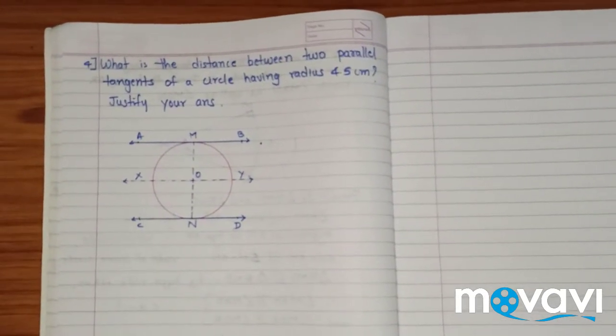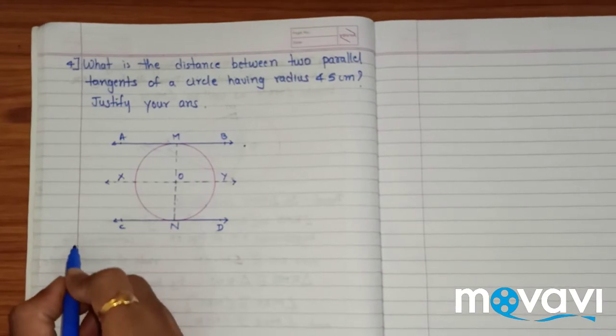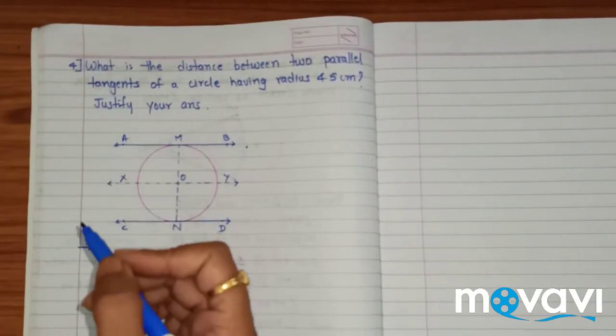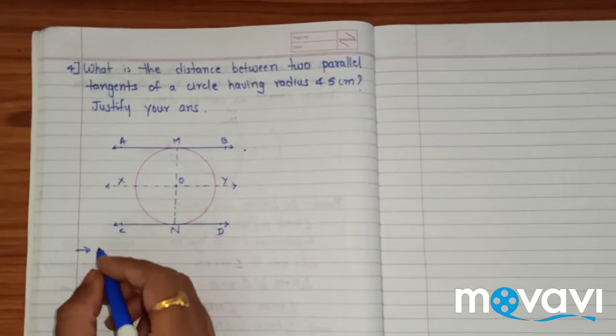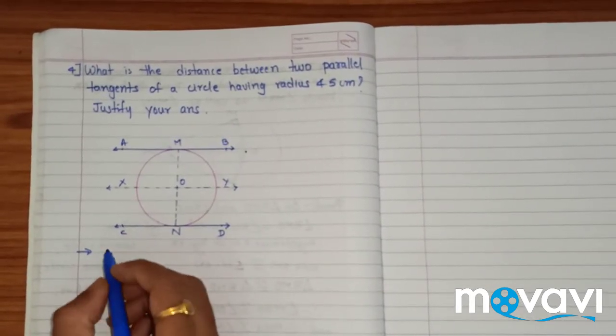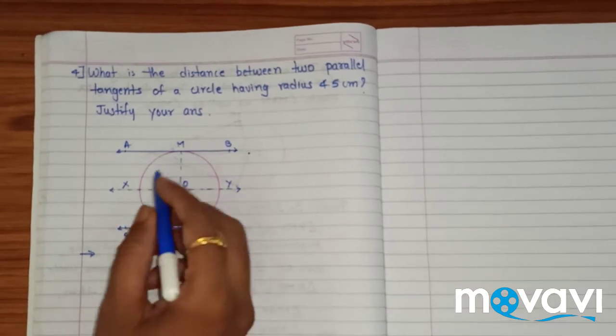Whatever I have explained, all these things with respect to our diagram, we need to write when you are explaining your answer. So what we are going to do is, first is our diagram.